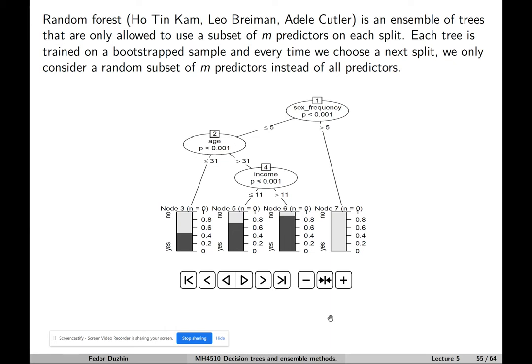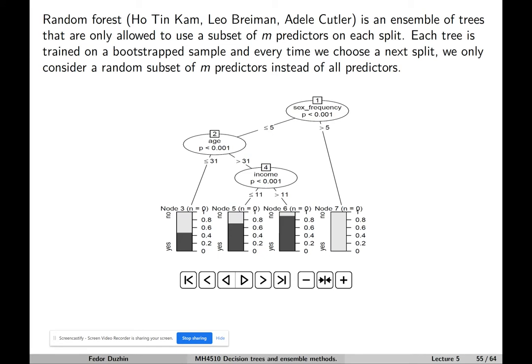So instead of allowing all the predictors to be variables at each split, when we construct every tree, we're going to pick those that are allowed to be used as predictors at random, right? So if we had 14 predictors or 13 predictors, to construct every split we just choose, say, 3 or 4 random ones, right?